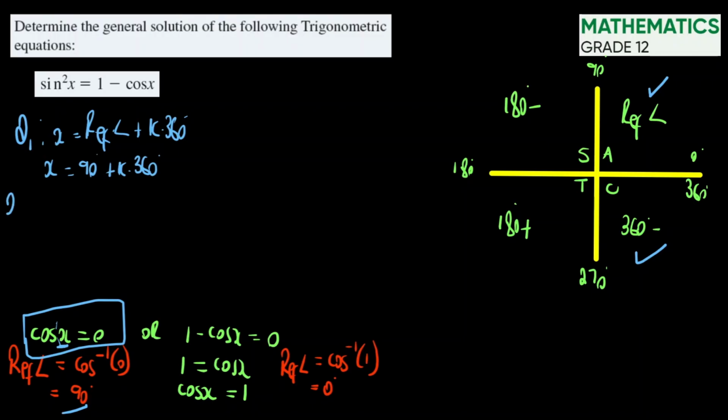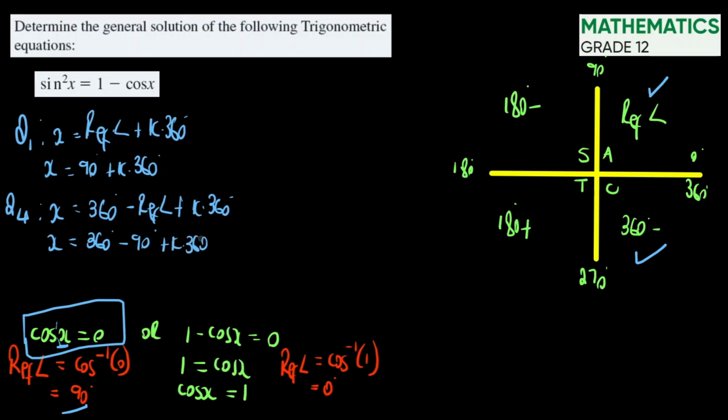And we're also in quadrant number 4, where x is equal to 360 minus our reference angle plus k times 360, so x will be equal to 360 degrees minus 90 degrees plus k times 360, which will give us x equals 270 degrees plus k times 360.